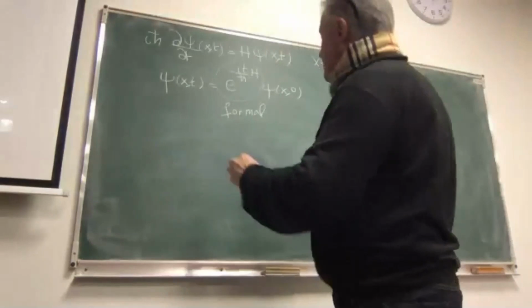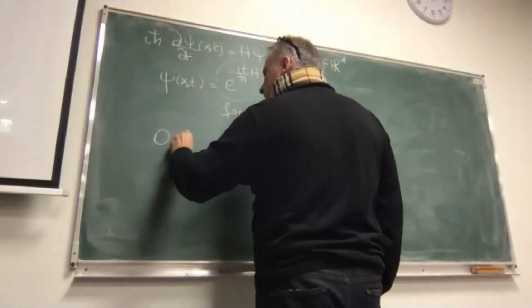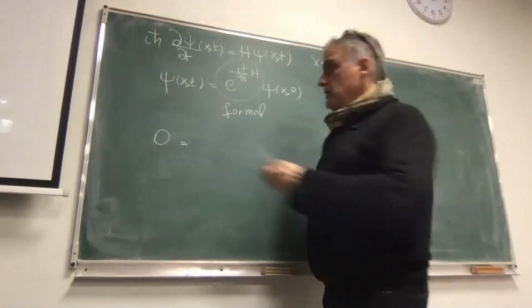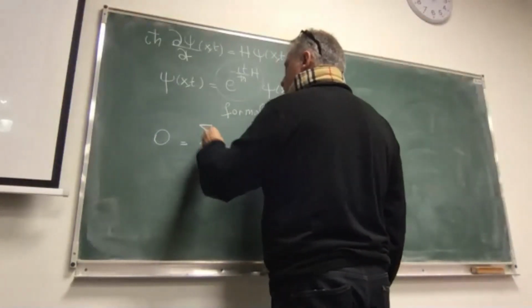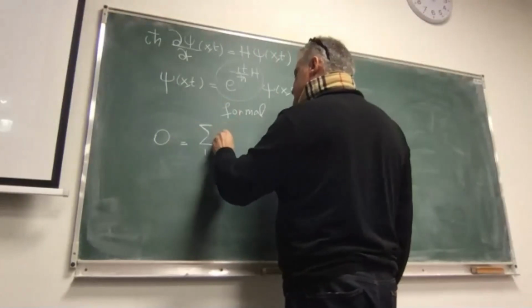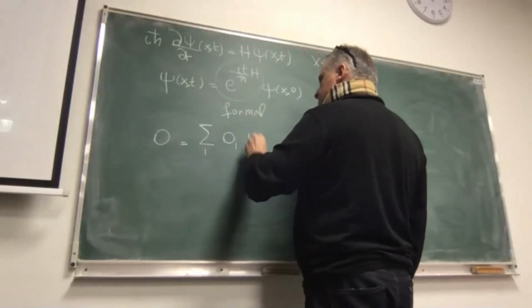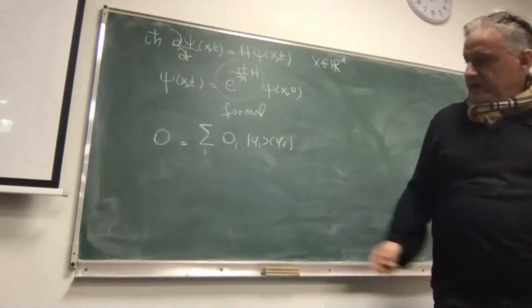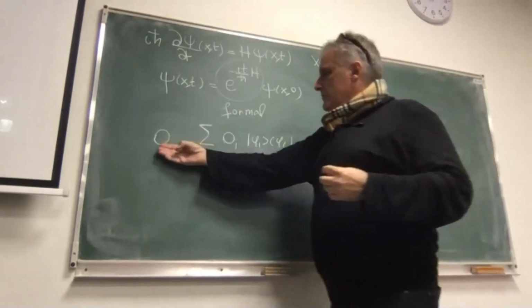As you know, if you take an operator, you can make its spectral decomposition, which is the sum of all the eigenstates, eigenvalues, and the projector, which I can call like that, for example. This is a way of expanding.